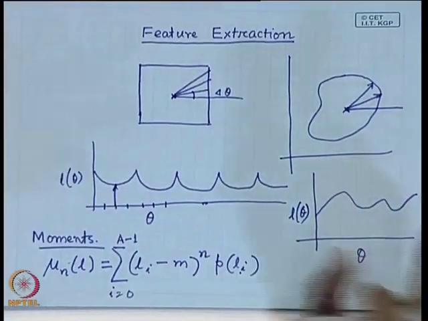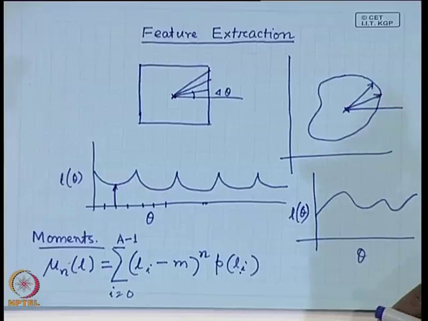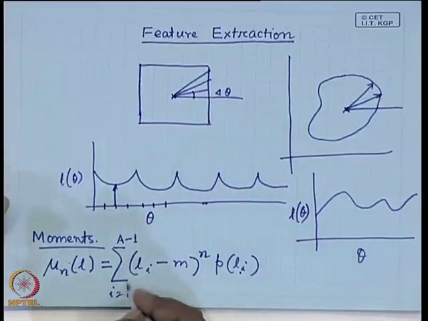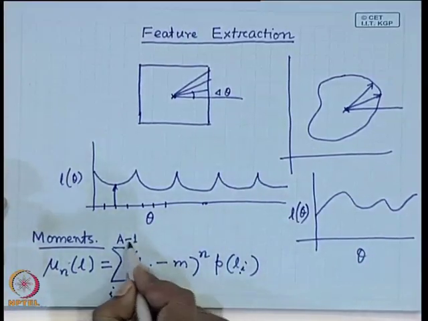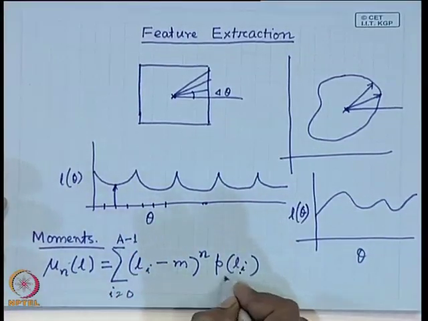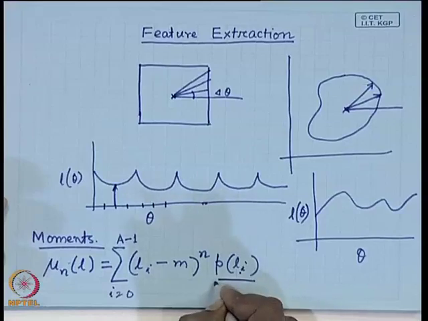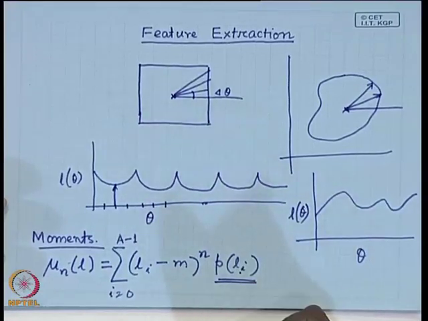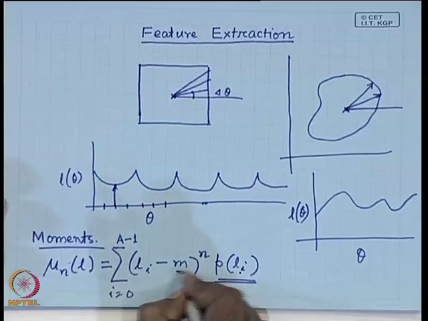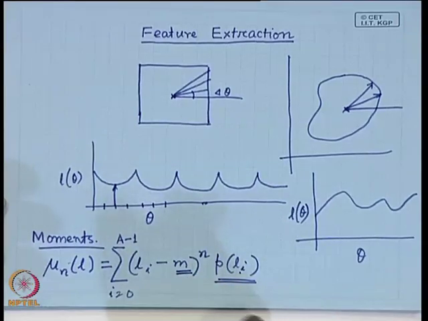Effectively, what I get is a histogram of these quantized distance values, and if I normalize this histogram with respect to the number of samples, which in this case is A, then what I get is an estimate of the probability of occurrence of L I. Then by using this expression, I get the nth moment of the distance values, and m in this case is the mean of those distance values.